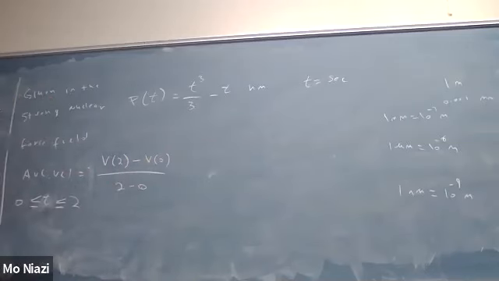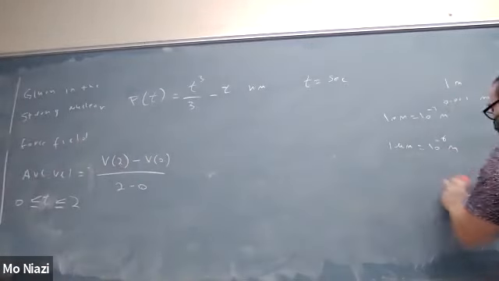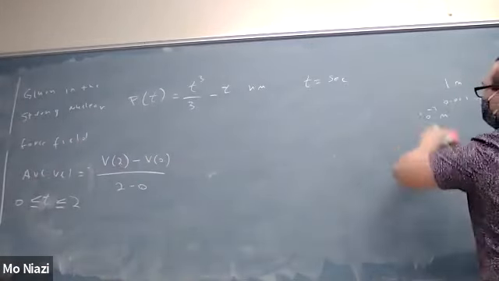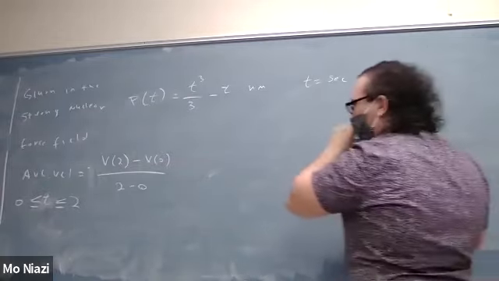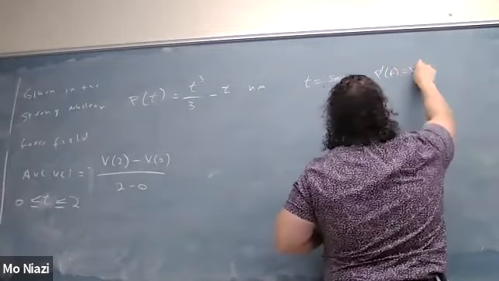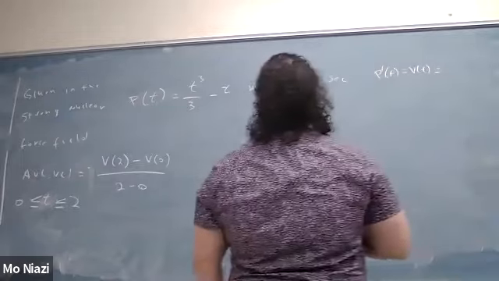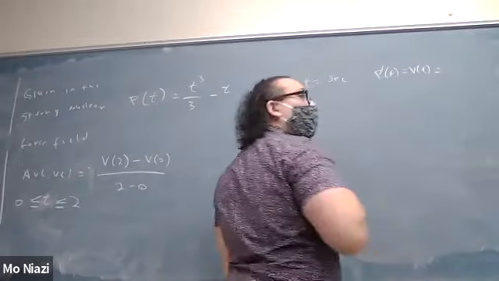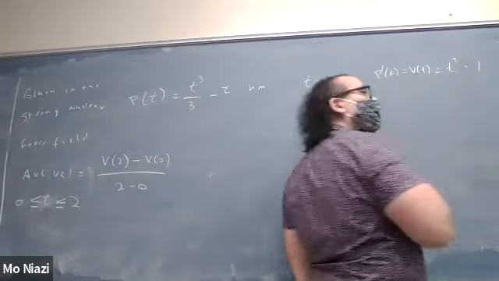Okay, so to figure out what is the average velocity, we have to know what is the velocity. And to figure out what is the velocity, we have to do what to the position function? Yeah, the derivative. So p prime of t, which is v of t, is equal to what? t squared minus 1.